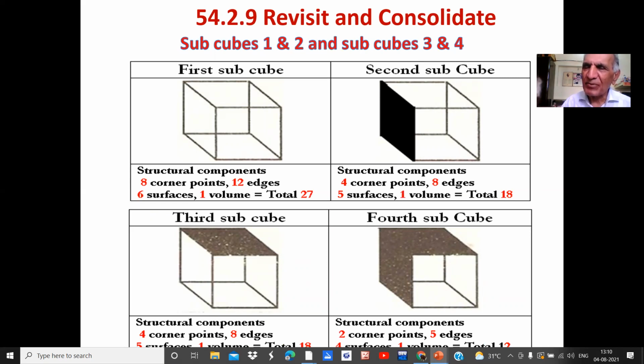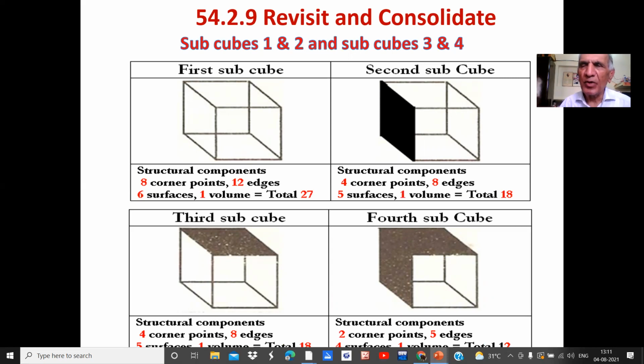However, the second subcube will be having contribution only of 18 structural components, as 9 of the components of one of the surface plate, its 4 boundary lines and 4 corner points, will get superimposed, get merged, go unmanifest.